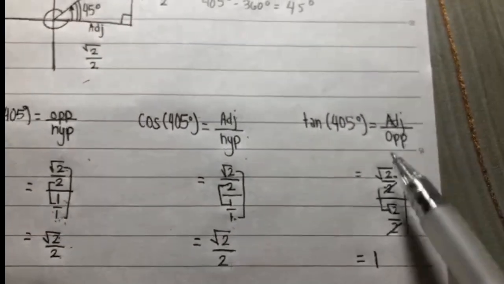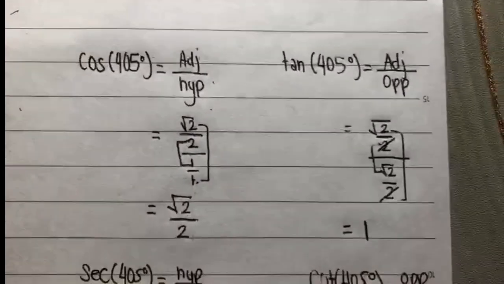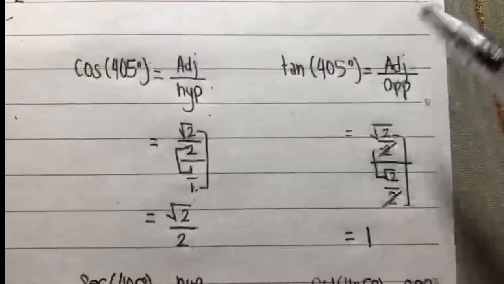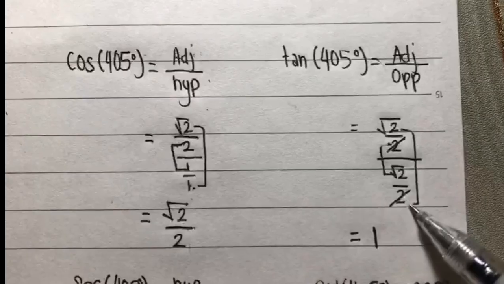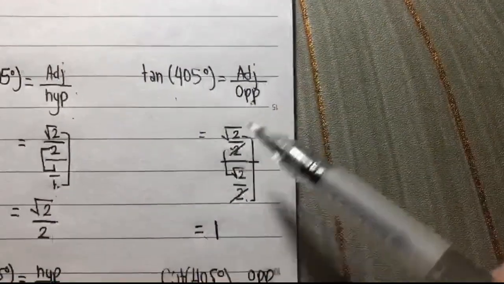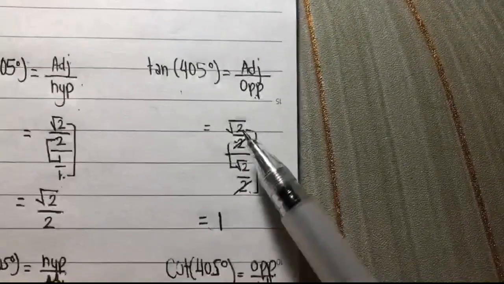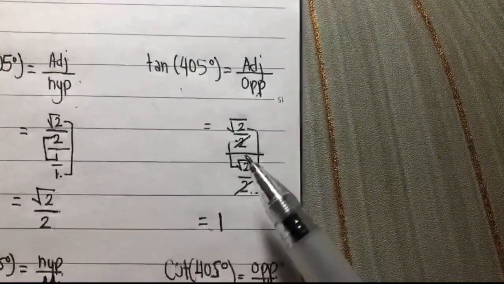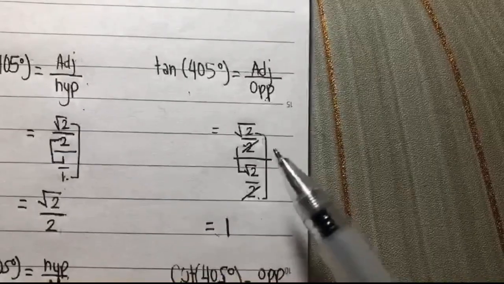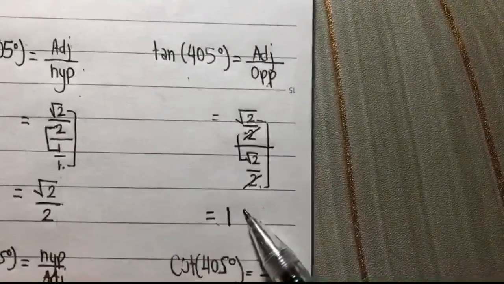The value of both is square root of 2 over 2. So, we just substitute them. Then, multiply square root of 2 multiplied by 2. No. Instead of multiplying, we can cancel out. We can cancel out the denominator, the 2. Then, what remains is square root of 2 over square root of 2. We can cancel out the square root. So, 2 over 2 is equal to 1.